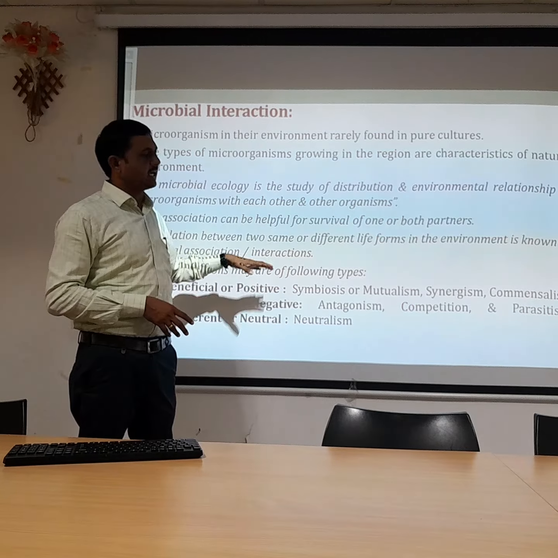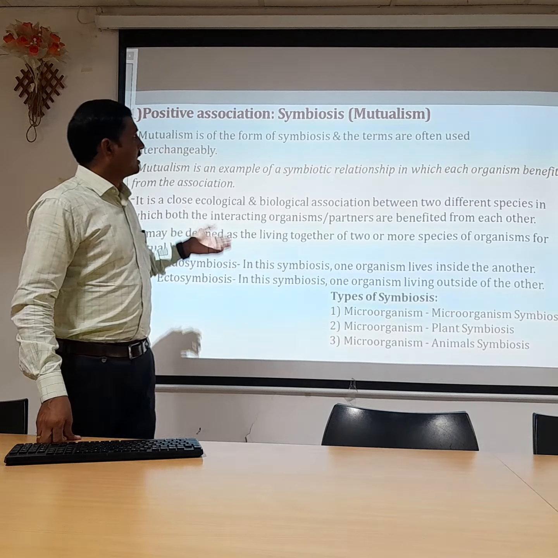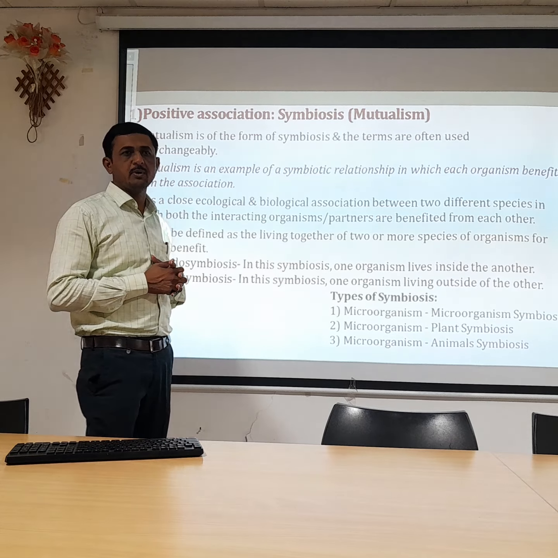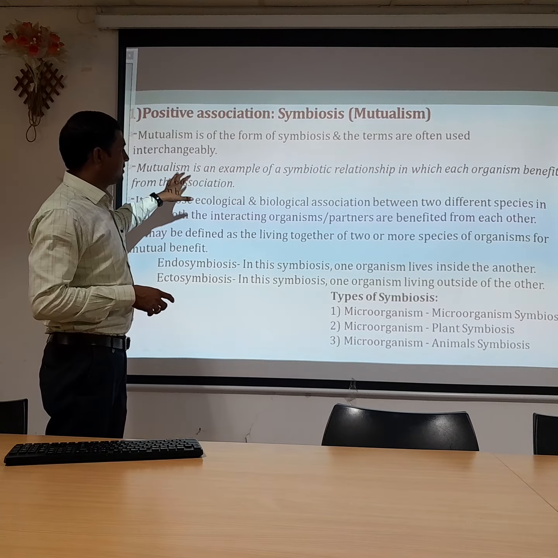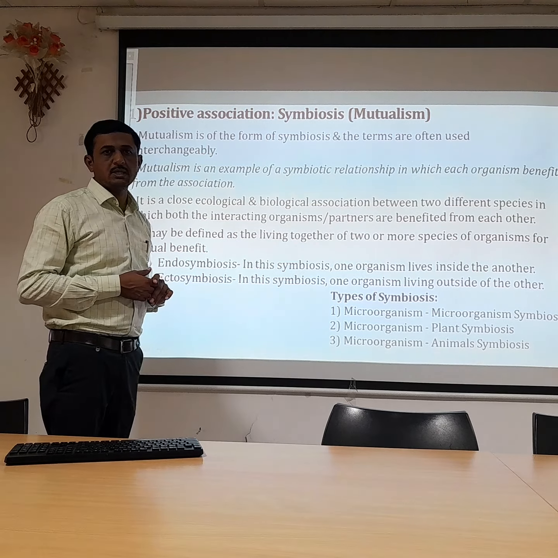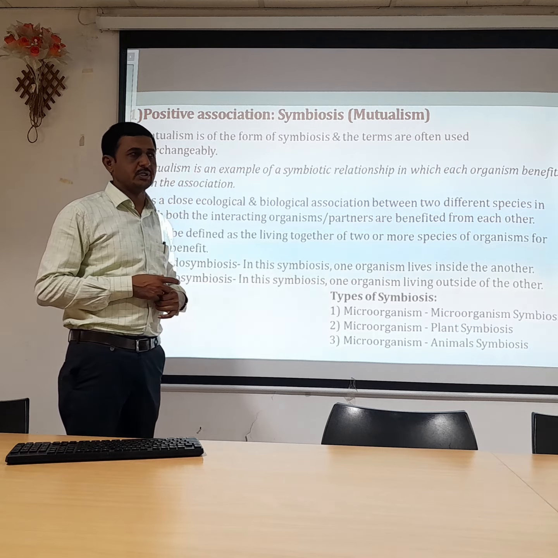So with respect to the types of association we find in the environment, there are different types of association we can study in microbial interactions. Firstly, we discuss the positive type of association, in other words symbiosis or mutualism.